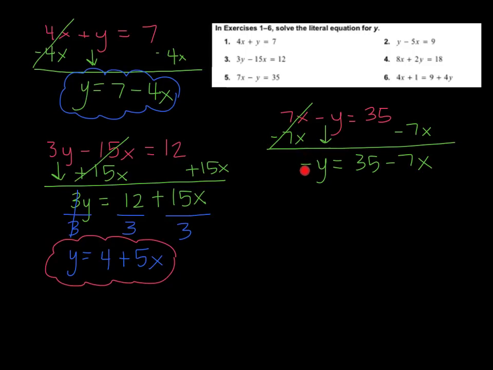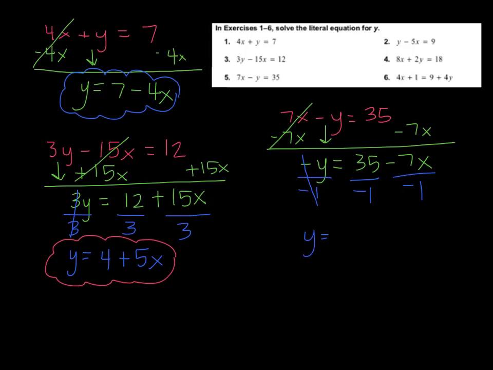Now, we talked about this the first week of school, this little negative in front of y. It's like negative 1y. So that negative 1 is being multiplied by y, and the opposite of multiplying is dividing. So I'm going to divide everything by negative 1. Don't forget, every single term has to be divided. The y, the 35, and the negative 7x. Notice I put them all over negative 1. Now, a negative divided by a negative will make that positive y.